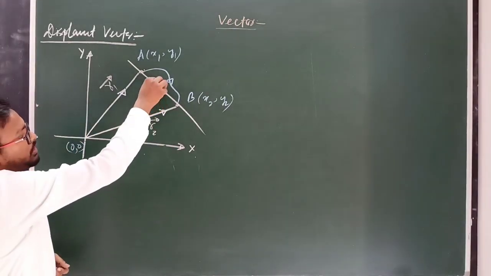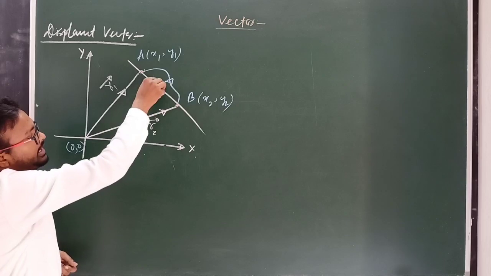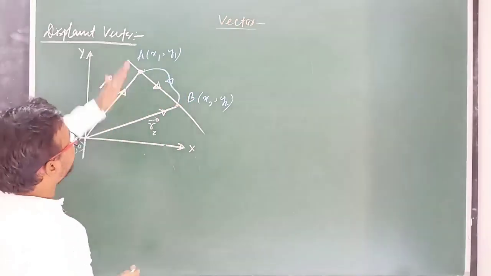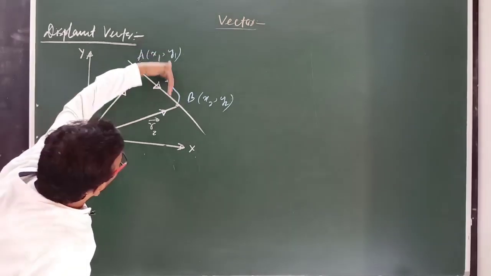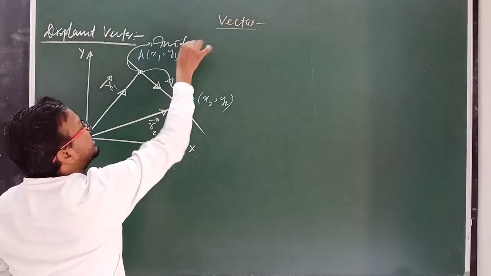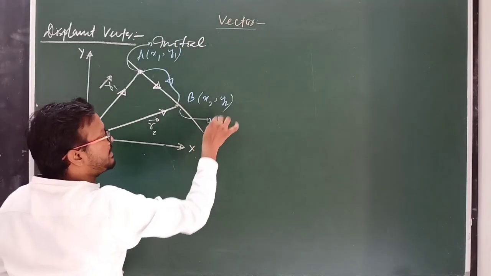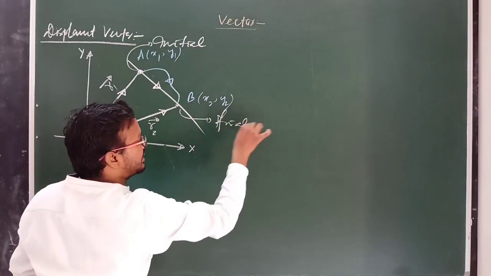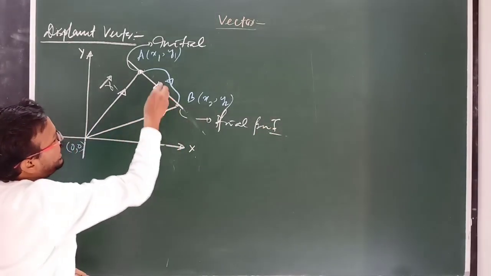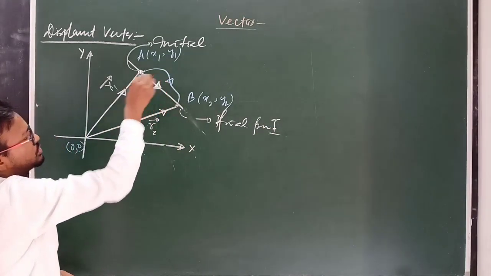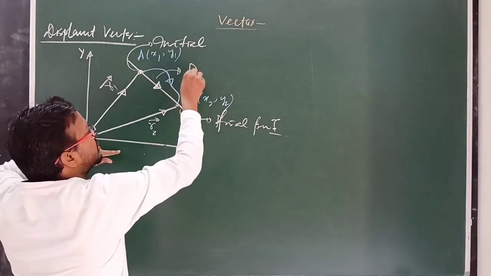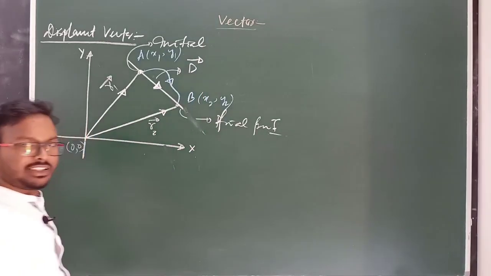And now you have to make an arrowhead, which is always from initial to final point, because it starts moving from point A to point B. So this point A is known as the initial point, and point B is the final point. Clear? And this direction shows the displacement vector. Suppose I am writing here D vector.